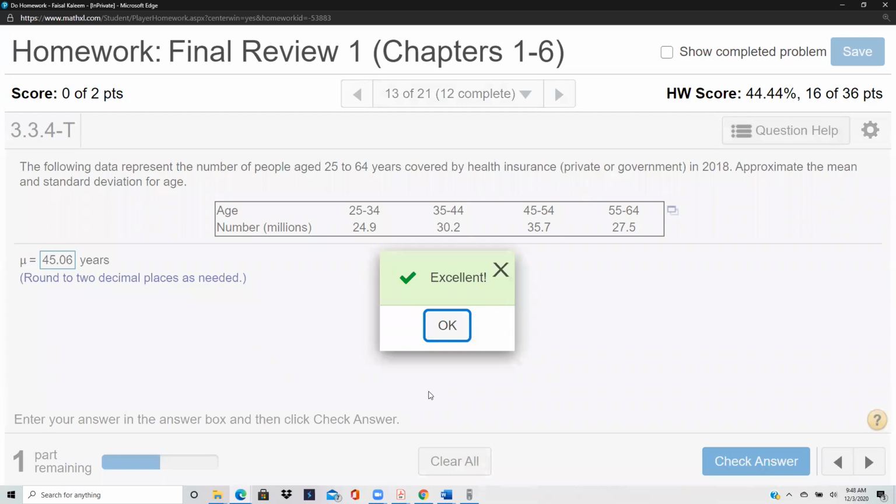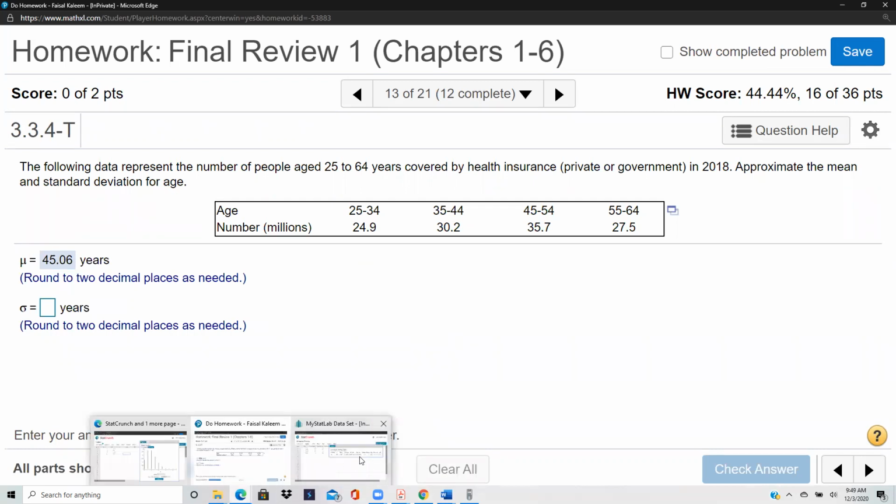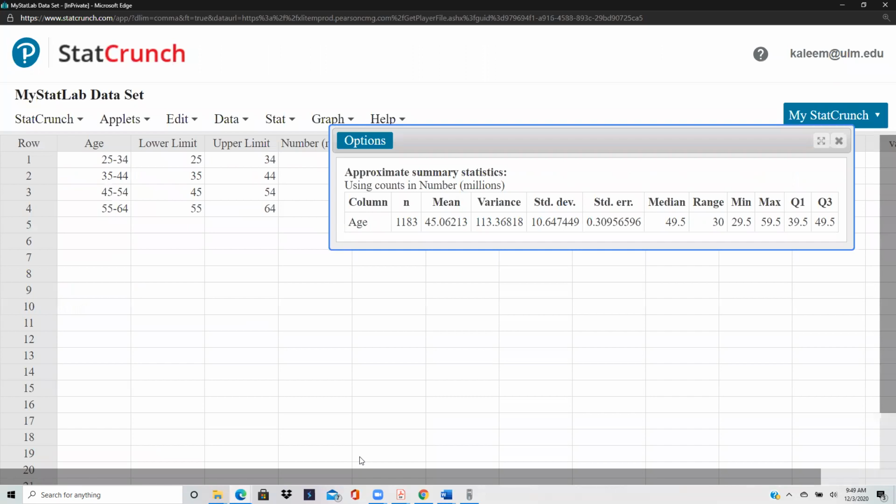So, did it say that your standard deviation was wrong when you tried to put it? Try putting the standard deviation that it was saying. Let's see. So do you think this is the standard deviation, the 10.65? Yeah, that's what I would put.